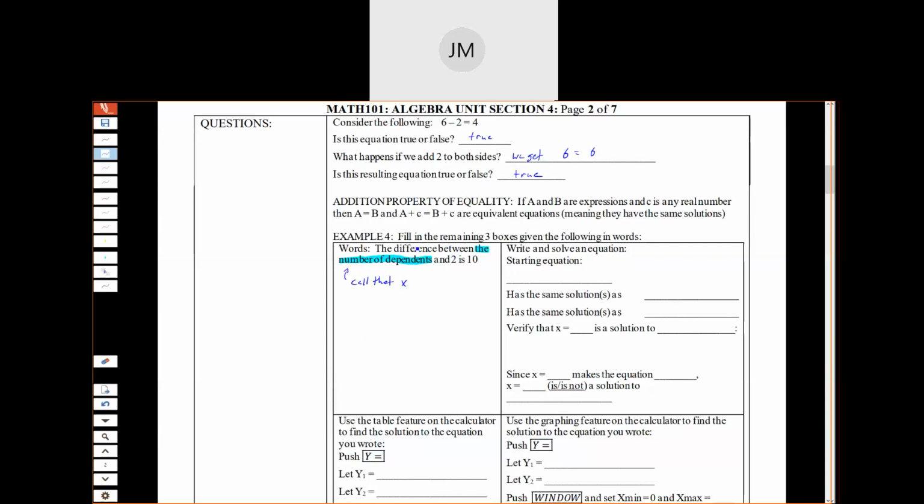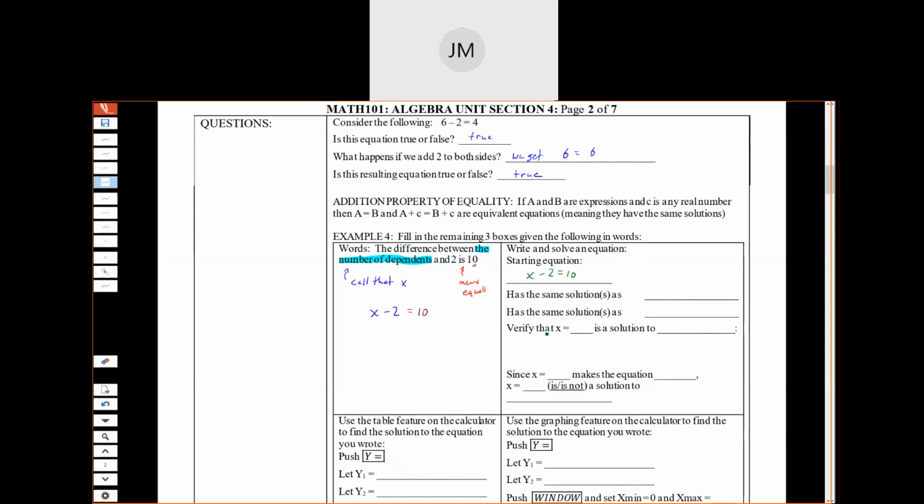So I want subtraction of x and the number 2. The word is means equals. And then I just have the number 10, so we'll write our 10. So the equation that I want to begin with is x minus 2 equals 10.